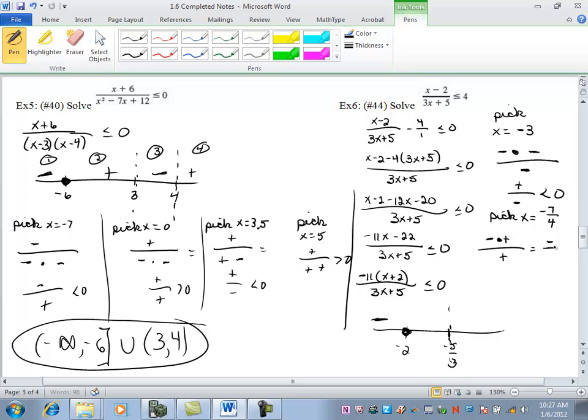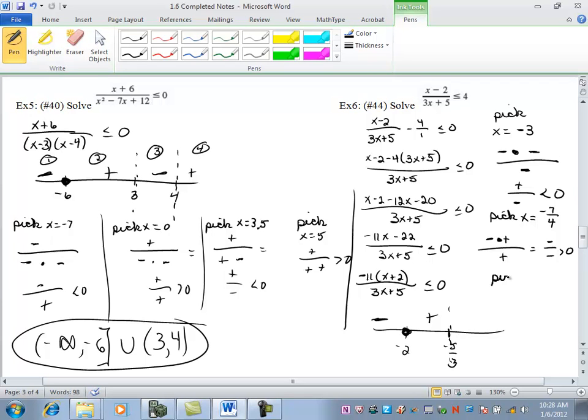So we get a negative over a positive, which again, let's see here. Need to make a correction. When I put negative 7/4 in down here, this gives me negative 21/4 plus 20/4. That's going to make that a negative value right there, and so that'll make it positive.